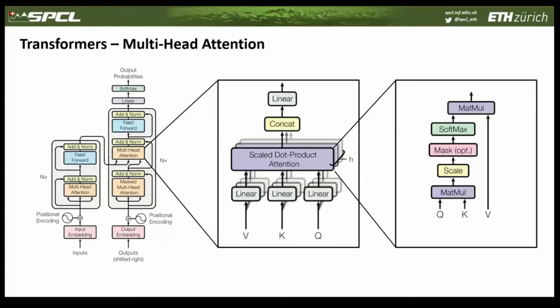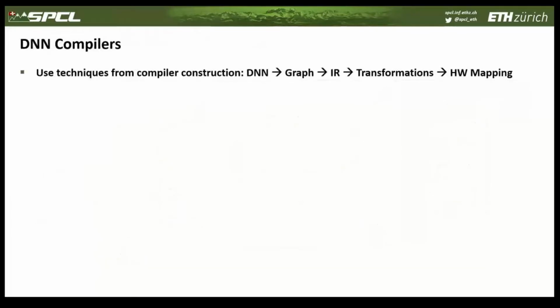And so what we have here from the data movement perspective is kind of a disaster, right? Because the data moves back and forth all the time. And this has basically given rise to the world of deep neural network compilers.